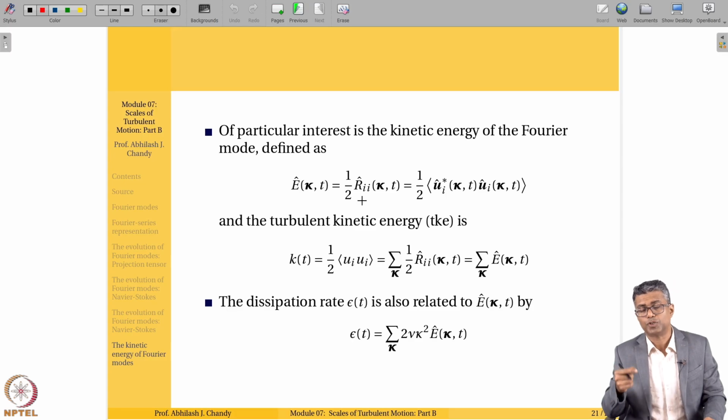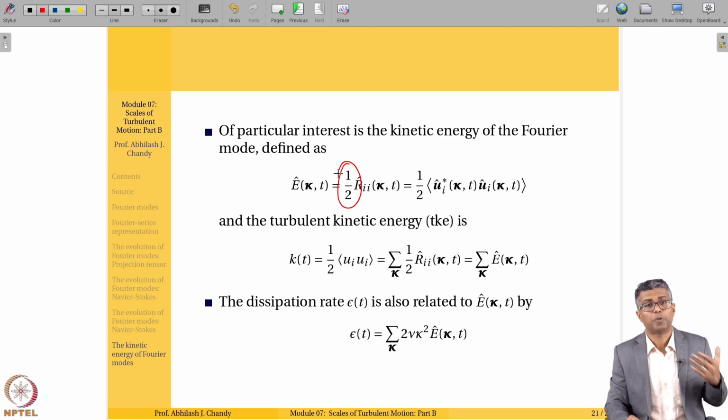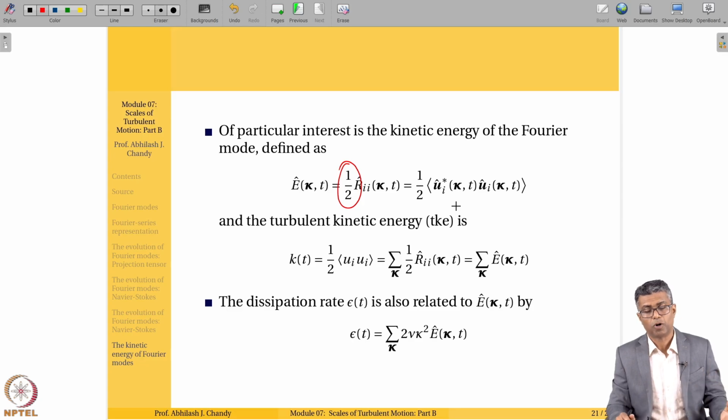You want u2 u2, which is u2 squared. You want u3 u3, which is u3 squared. Of course, the half will be there because kinetic energy per unit mass is half u squared. So that is why it would be half Rii. And that, according to the definition of the covariance, is ui star of kappa comma t and ui of kappa comma t. So I have ui, not ui uj.